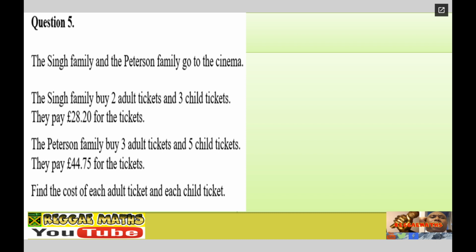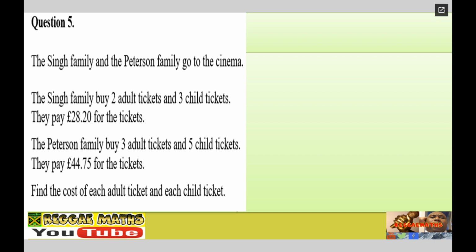Okay, the Singh family and the Peterson family go to the cinema. The Singh family buy 2 adult tickets and 3 children tickets. They pay £28.20. Peterson, 3 adult, 5 children, which costs £44.75. So break this down into what you know. This is a simultaneous equation.